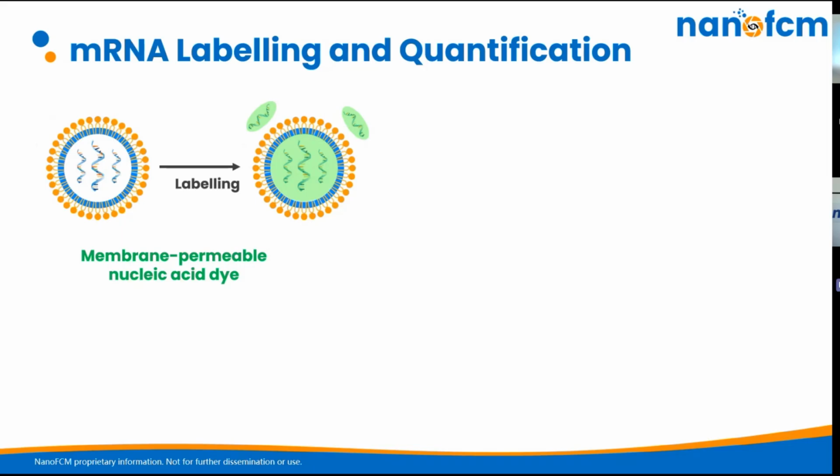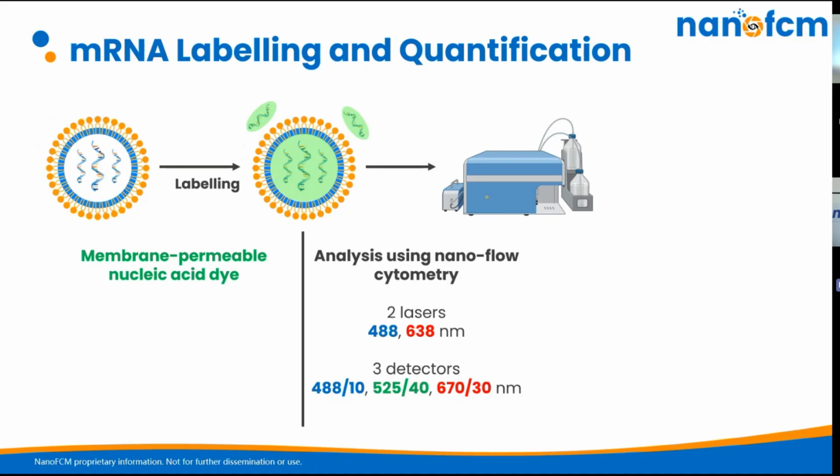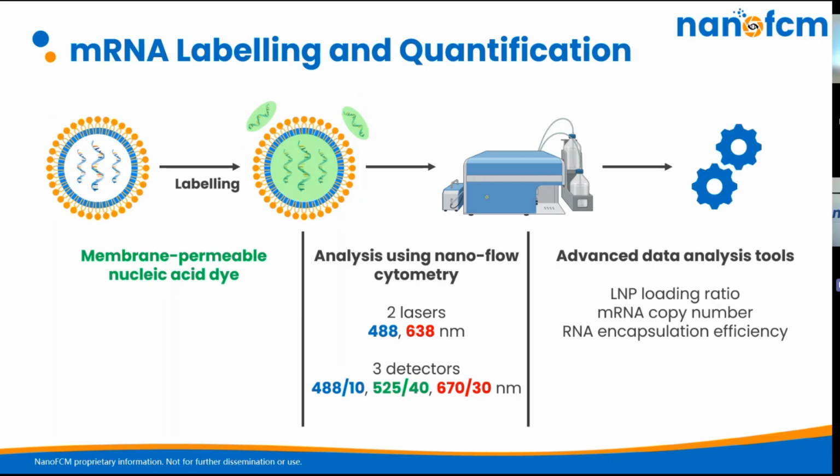So our standard protocol involves staining membrane permeable nucleic acid dyes on the LNPs, and this saturates any nucleic acid species, whether that's loaded in an LNP or free in the population. Using our nanoflow cytometer, the NANOAnalyzer, and taking advantage of the 2 lasers and 3 detectors, we can arrive at some advanced data analysis parameters, including LNP loading ratio, so which LNPs are loaded with nucleic acids, the exact mRNA copy number per particle, as well as RNA encapsulation efficiency, and this measures up very well with RiboGreen.